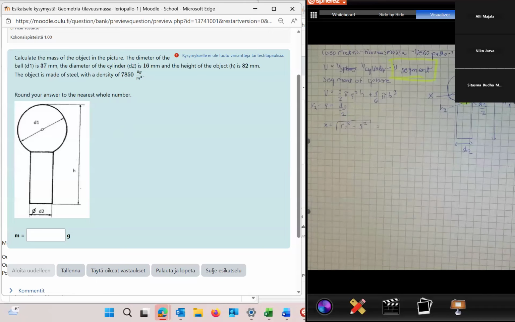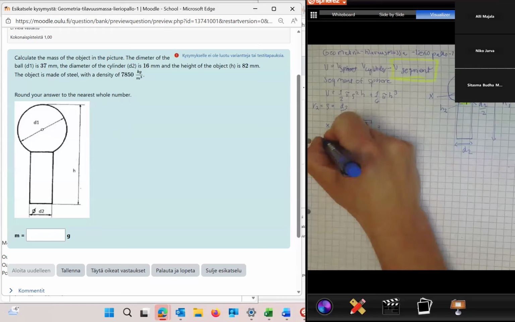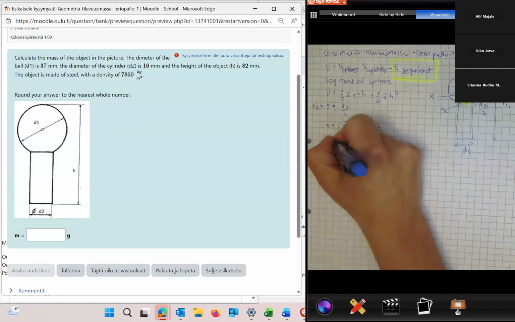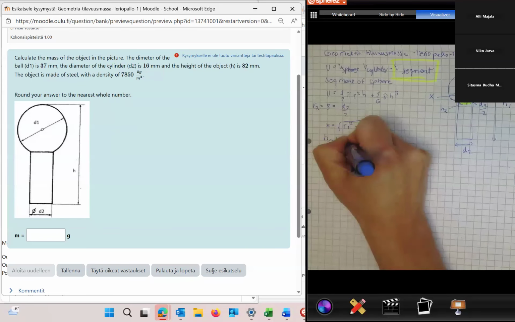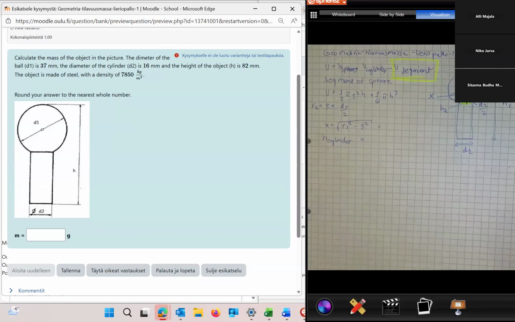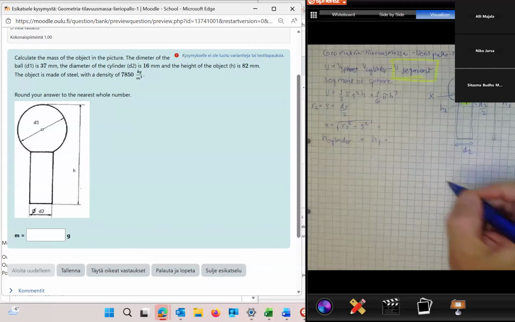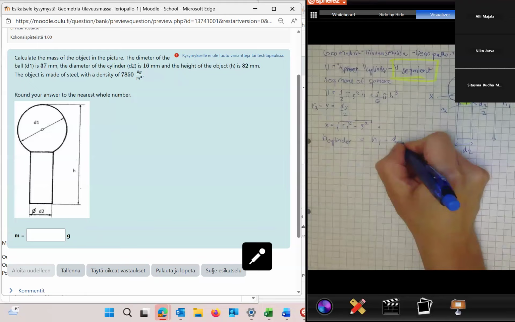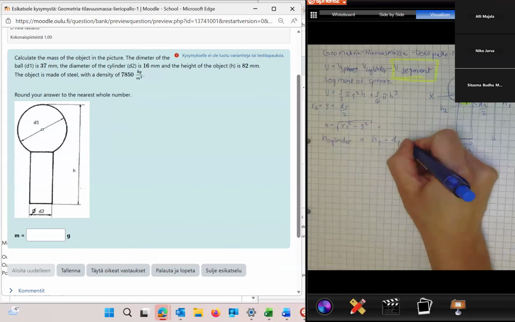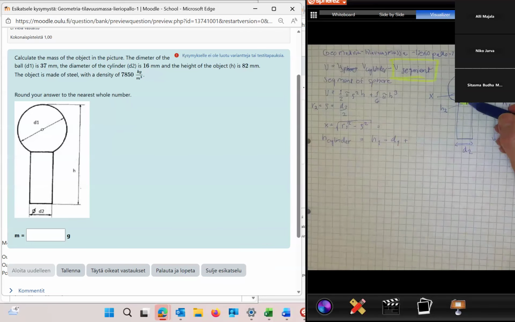So the height, if I write there, for example, the height of the cylinder, that would be height minus this D1 plus the height that I got for this.